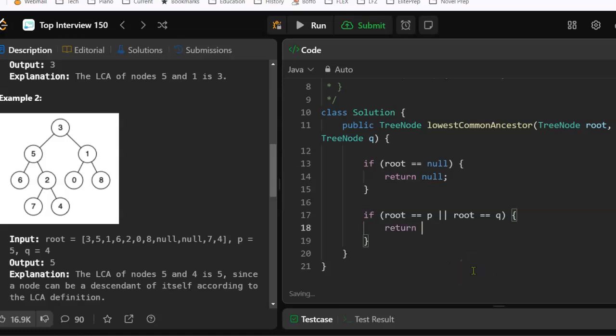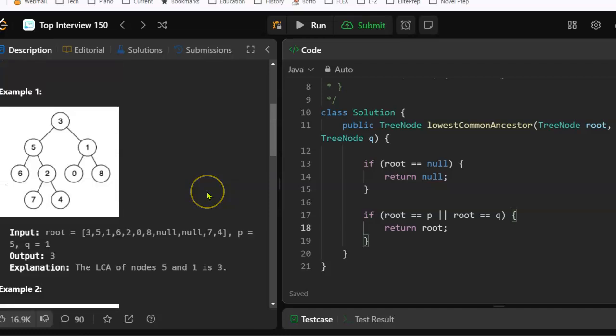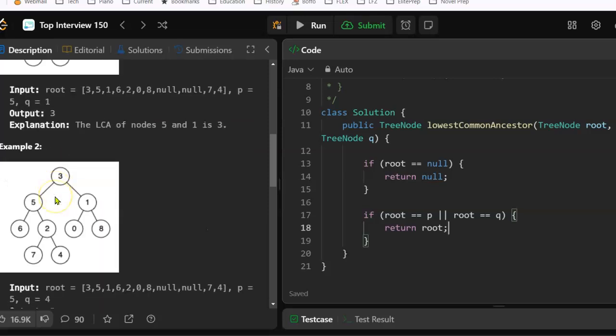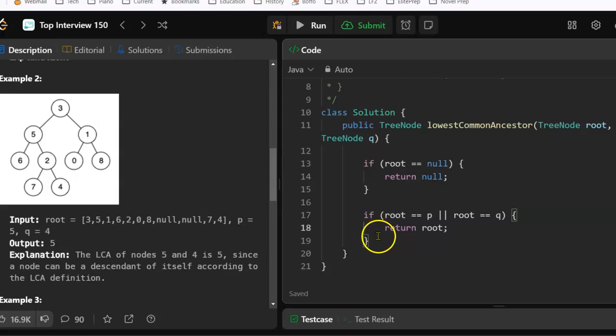Return root. That was actually the case in the first example. They said, find 5 and 1. Actually, I'm getting confused again. Okay, let's go on. I'll come back to that.